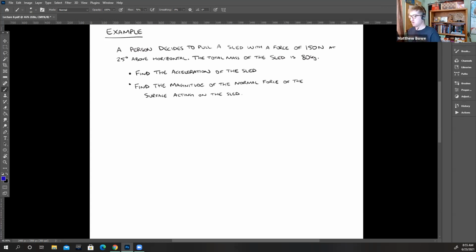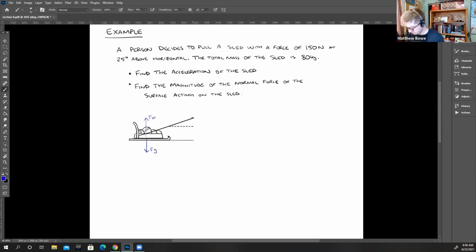Okay, so if I were to draw that picture again with the sled, maybe the problem comes with the picture. You can see that it can become messy fairly quickly. I could demonstrate by adding some of these forces in here. We'll say that the force of gravity is down, the normal force is up.